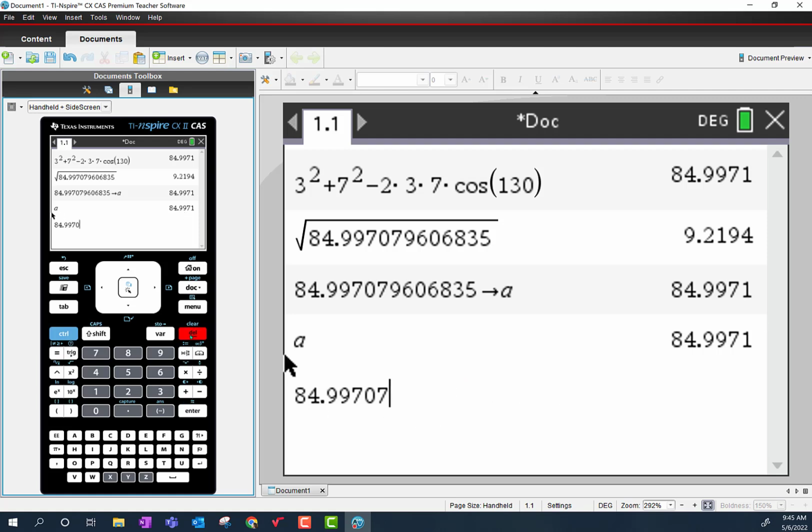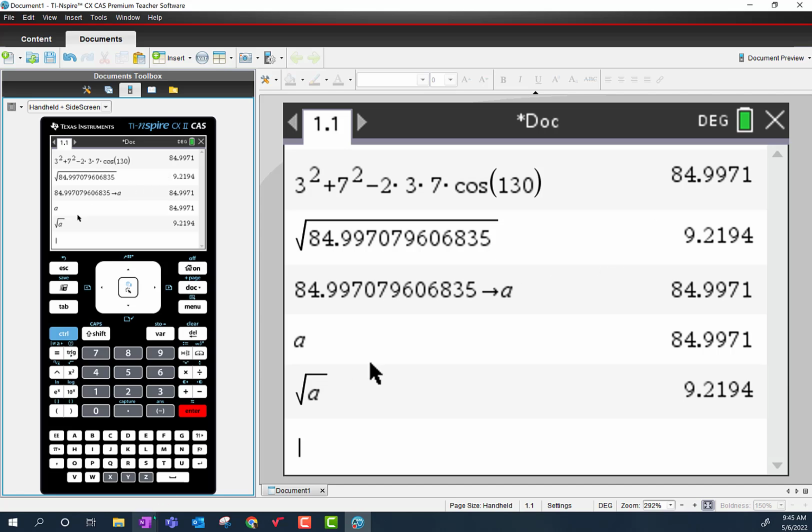All right, so just to demonstrate, I would do my square root right here, I could just put in the A because I stored that number, and that gives me that same number. Okay, so just a couple of different ways to do it.